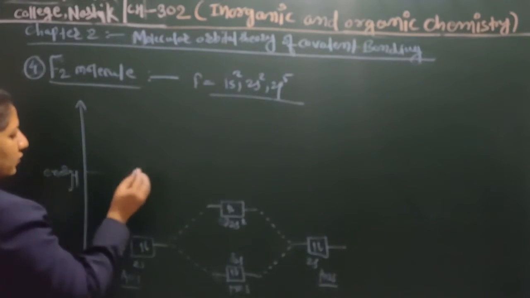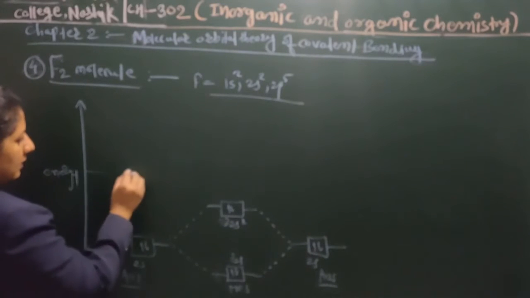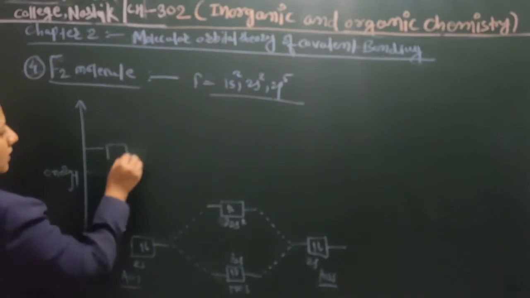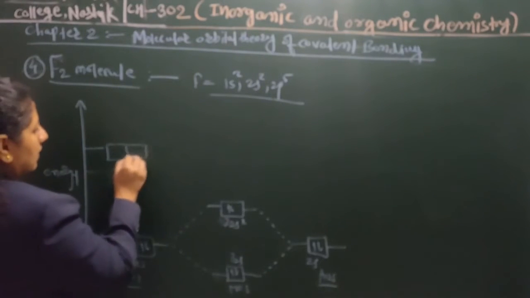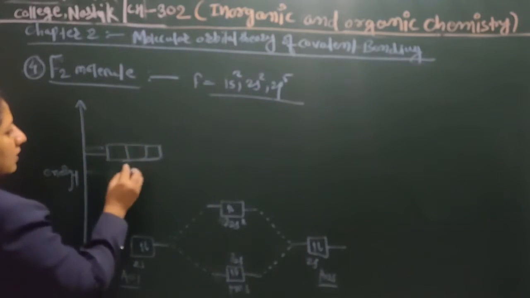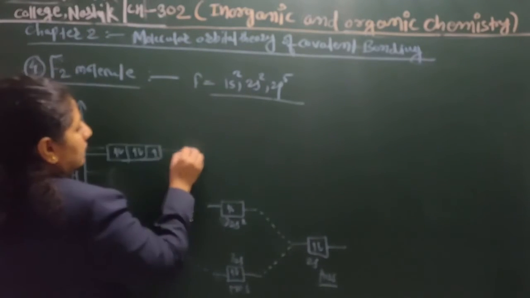Now what about the 2p orbital? We know that there are 6 electrons.